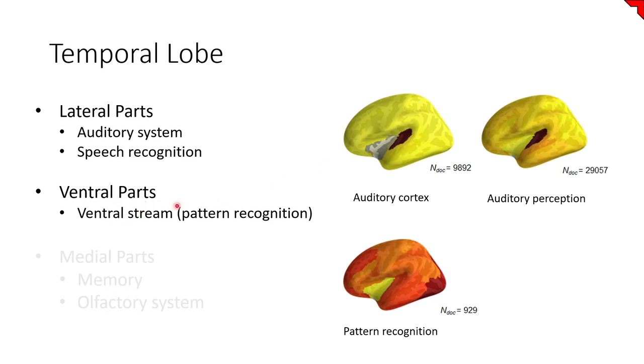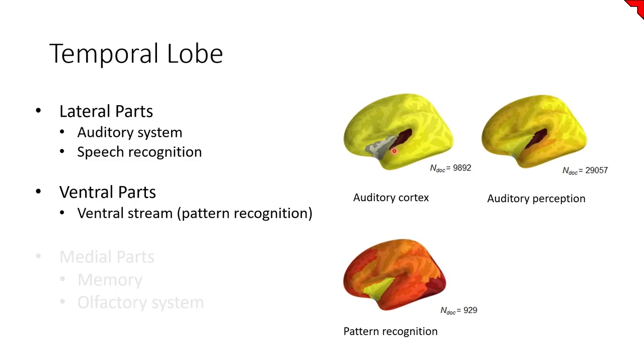And as Leon already mentioned, the ventral stream, the what stream, is also part of this temporal lobe. Another very important area is the secondary auditory cortex, also called the Wernicke area, because, as I said, it's important for the interpretation, and it also has different functions depending on the laterality.